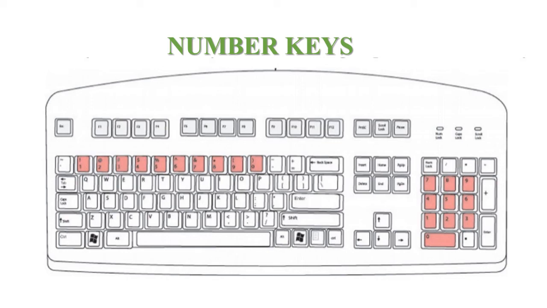There will be 2 sets of numeric keys. Can you see in this picture? The colored keys are number keys. In each keyboard there will be 2 groups of numeric keys. These number keys are used for typing numbers. If you want to type numbers on the computer, you have to press these keys.